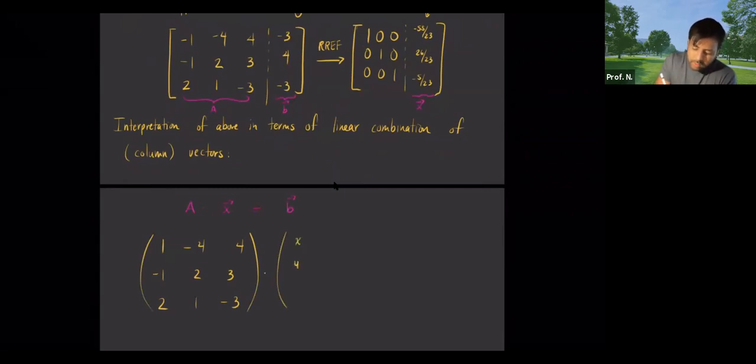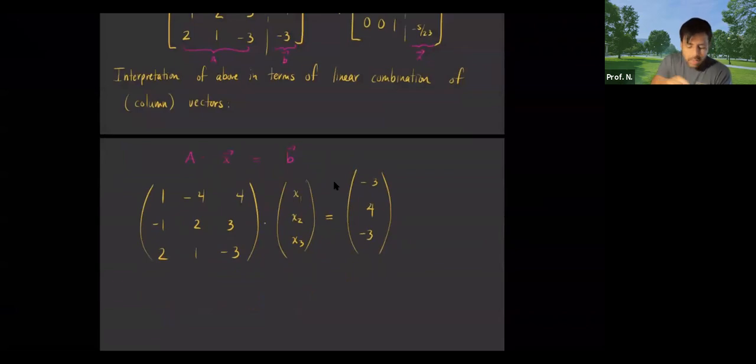If you want to call this X, Y, Z, so be it. Normally though, we can write this as X1, X2, X3, or C1, C2, C3. And this equals negative 3, 4, negative 3. Okay, so this is the equation, and we apply A inverse to get X, and we did that.